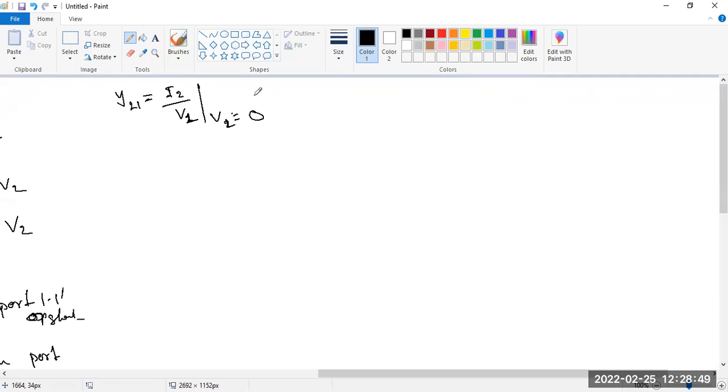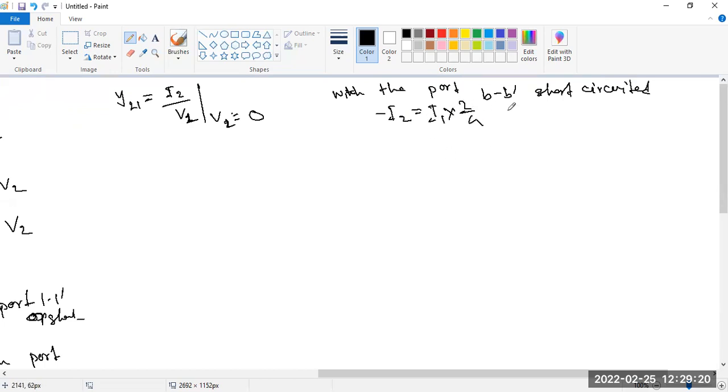Okay, so we know that with port B dash short circuited, minus I2 equal to I1 into 2 by 4.